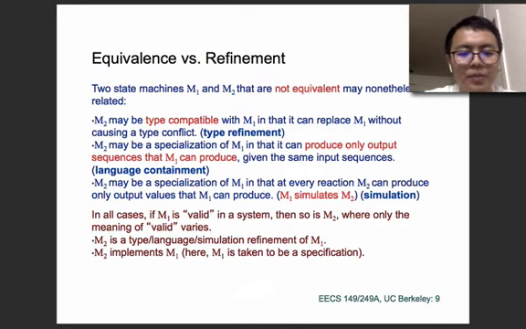So there are also three types of refinements compared with equivalence, and we will go into details on each type of refinement. And at last, when we talk about simulation, we will go into further detail with bisimulation. So first, let's go into type refinement.